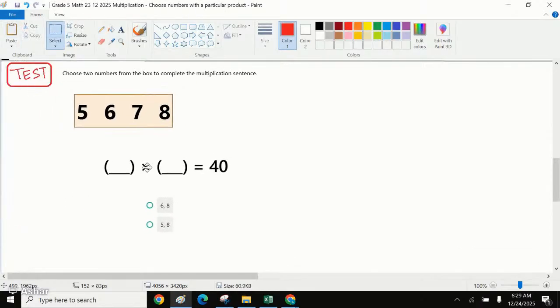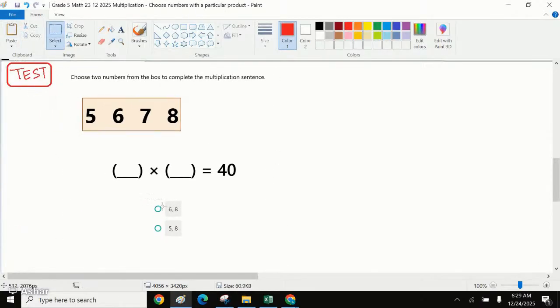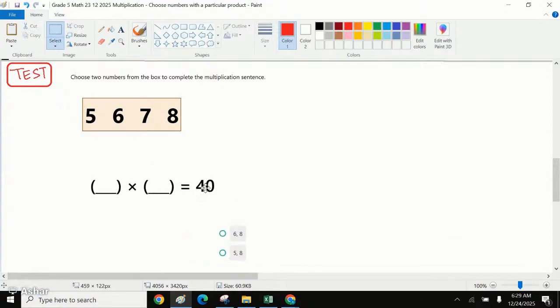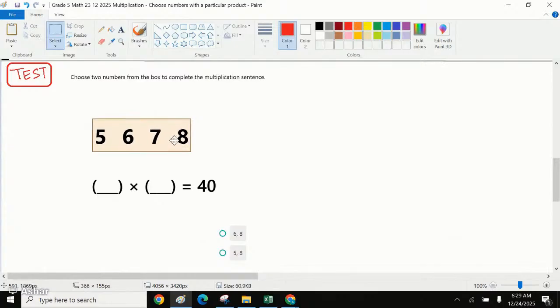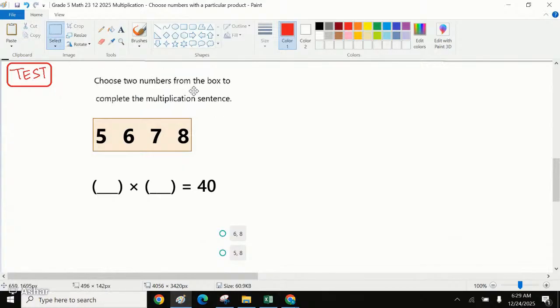This is the first question we have, and this is the statement. The question says, choose 2 numbers from the box to complete the multiplication sentence. We need to choose any 2 numbers to complete the multiplication sentence.